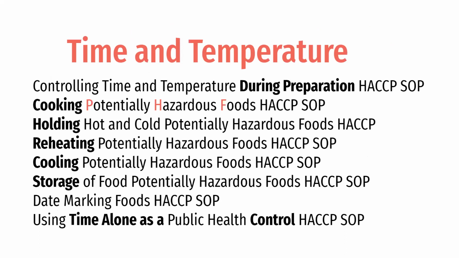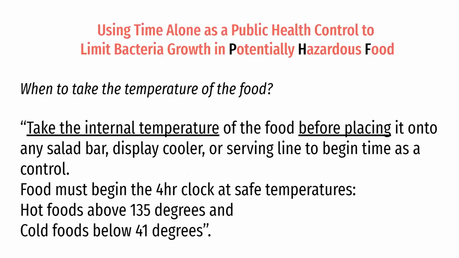As I mentioned before, additional information regarding time and temperature relationships for preparation, cooking, and holding can be found in our HACCP SOPs. Please review these procedures. Now, we established that food must begin the 4-hour clock at a safe temperature.